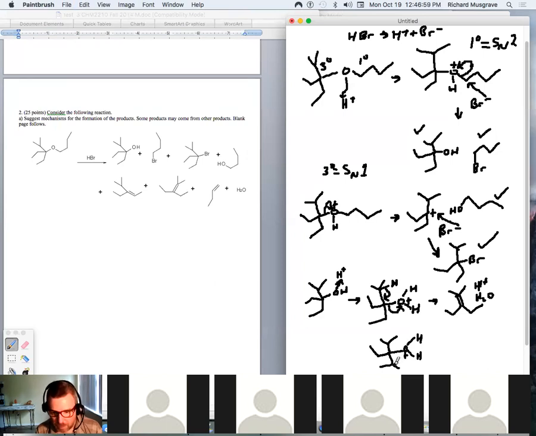Let me try to make it a little bit clearer. Which again involves the loss of the adjacent CH to where the leaving group is.